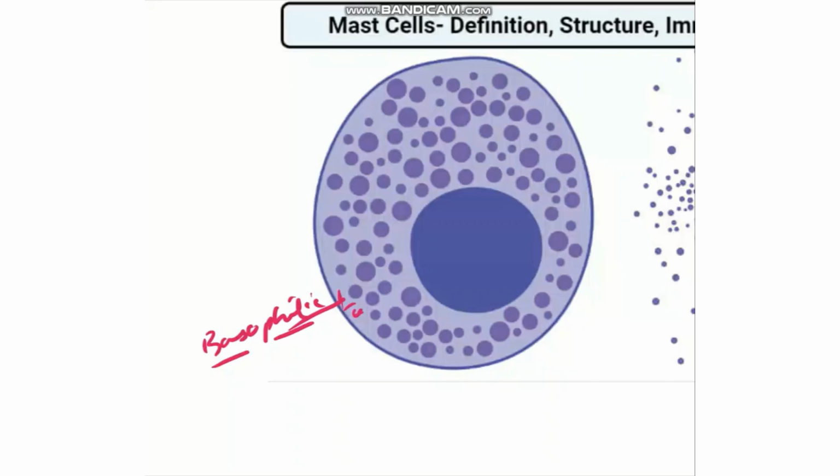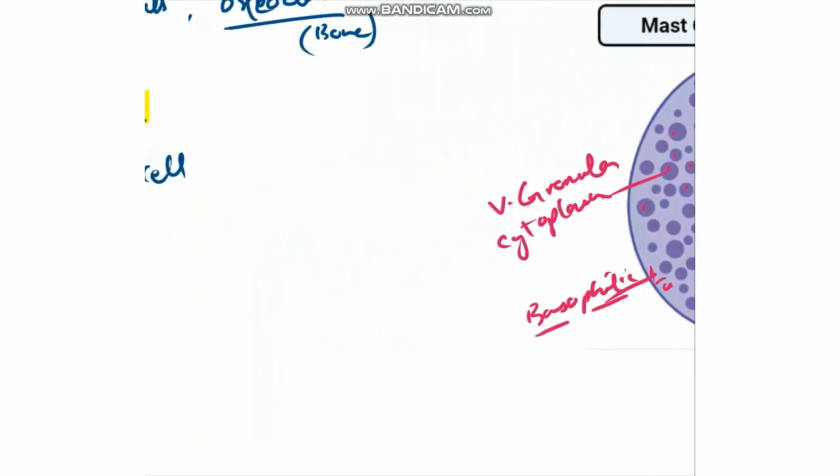So basophilic, and a basic dye would be able to color very, very distinctively. And as we can see here, it's very granularly rich. It's got so many granules right here. So we can say that it's a very granular cytoplasm. So that's the mast cell histology.